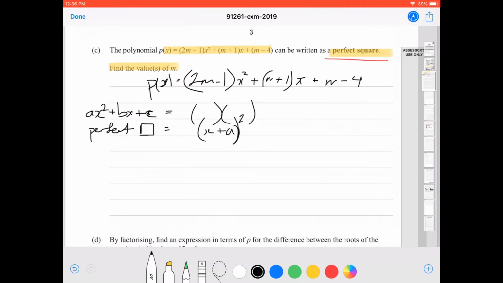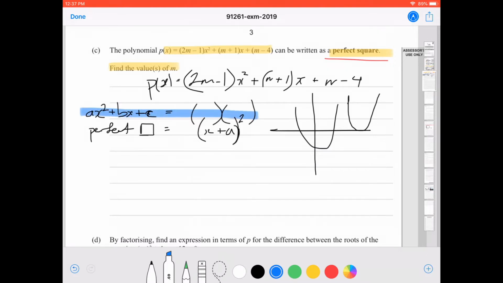So, a normal quadratic, we've got a Cartesian plane here. Two sets of brackets means two roots, and so it would look like this. But if we have a perfect square with one root, it just touches the x-axis, like that. And we could even use colour just to show this. So this is blue and green.